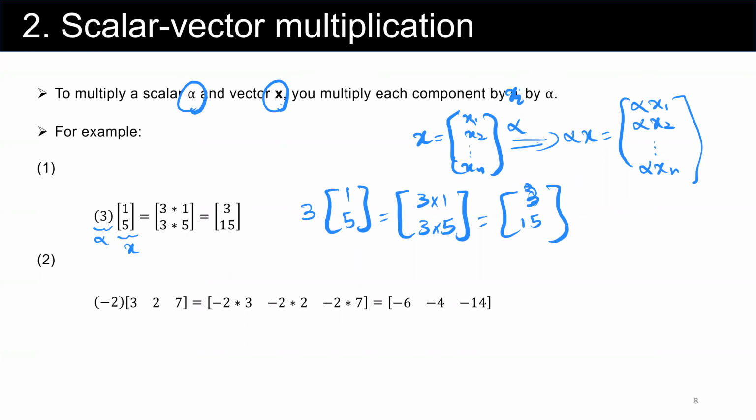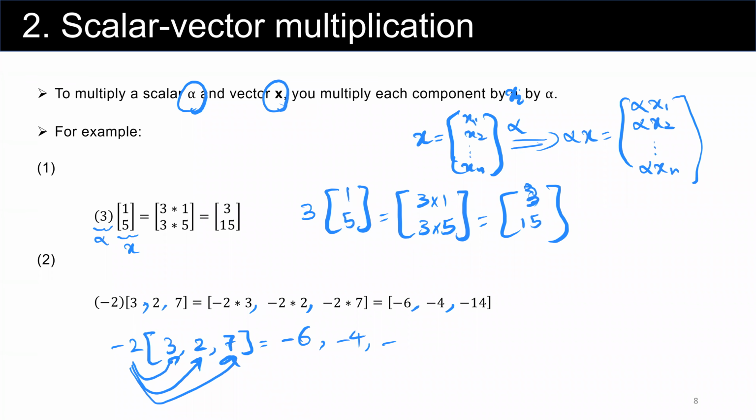Another example is -2 multiplied by the vector (3, 2, 7). So we multiply it by each of the components: -6, -4, -14. And two specific examples that I would like to talk about.